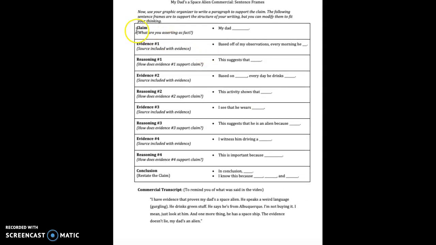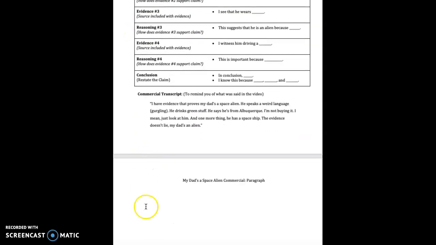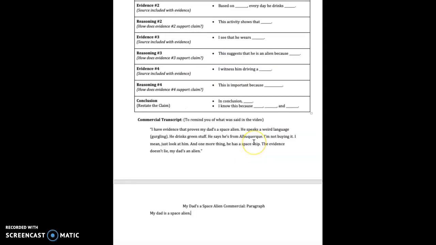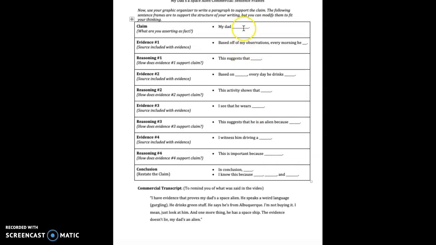So we're going to start right here where it says claim. What are you asserting as fact? So we're going to say, our claim is my dad is a space alien. So that's our first claim.